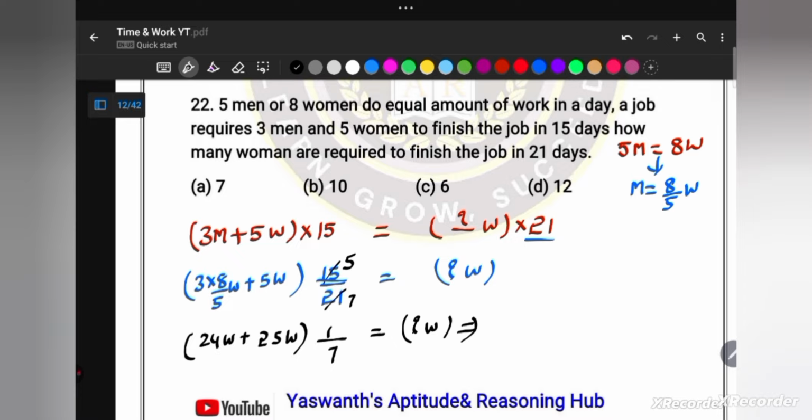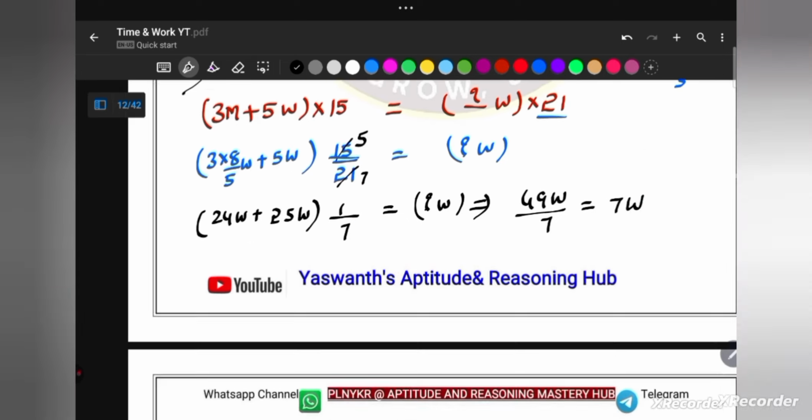That implies 24 plus 25, it will be 49 women by 7, which will be the number of required women. So 7 women are required to complete the job within 21 days. Option A. Moving on to the next question.